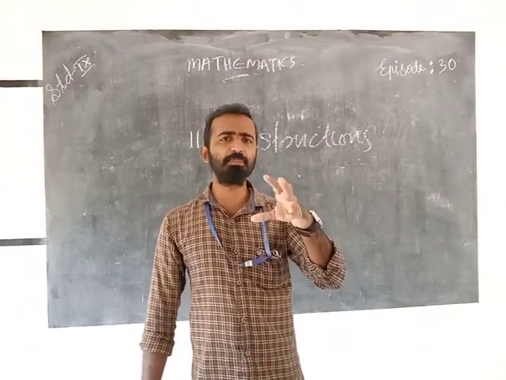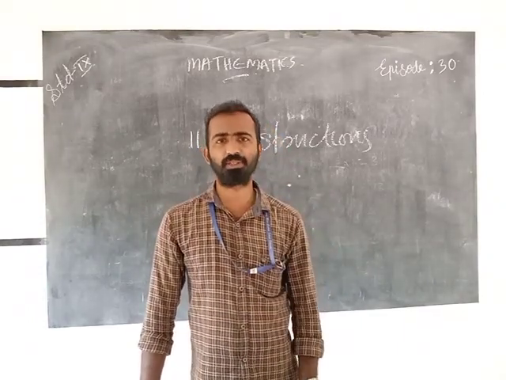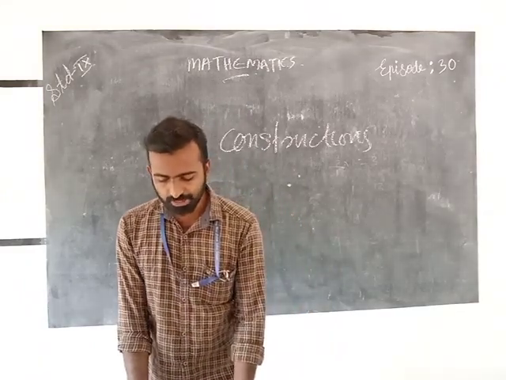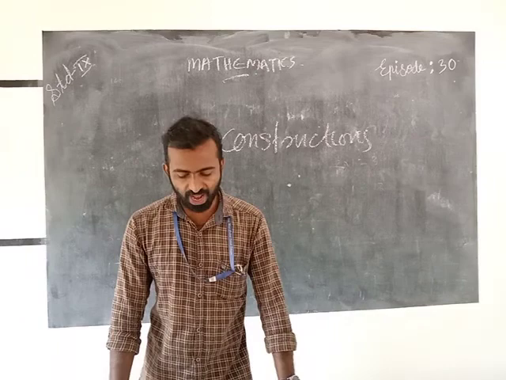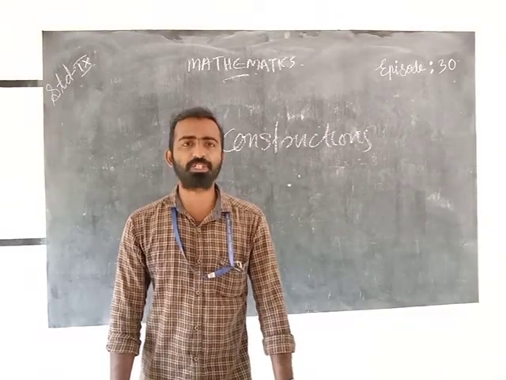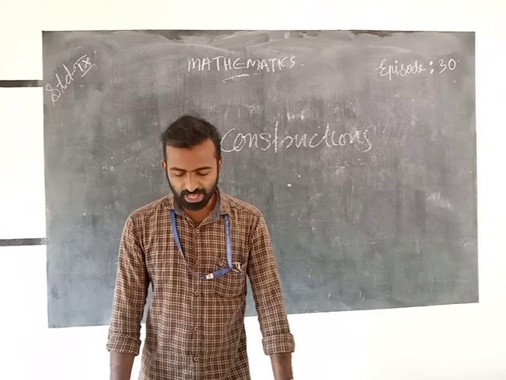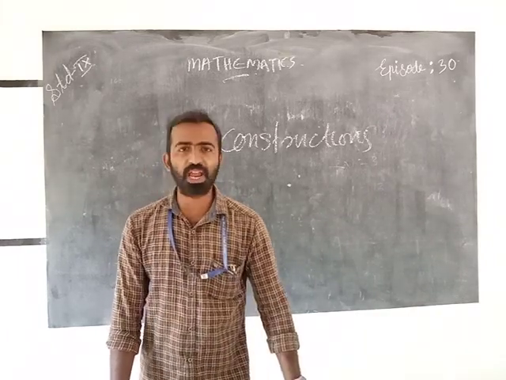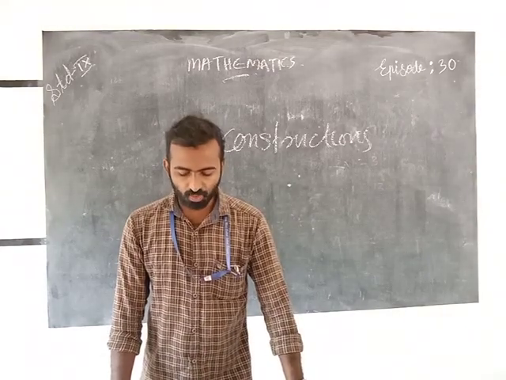These are the materials in the geometry box. Geometrical construction is the process of drawing a geometrical figure using only two instruments: an ungraduated ruler, that is a straight edge, and a compass.